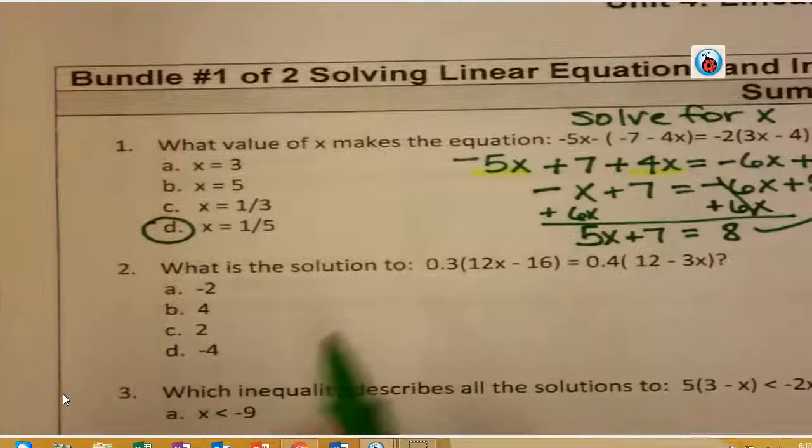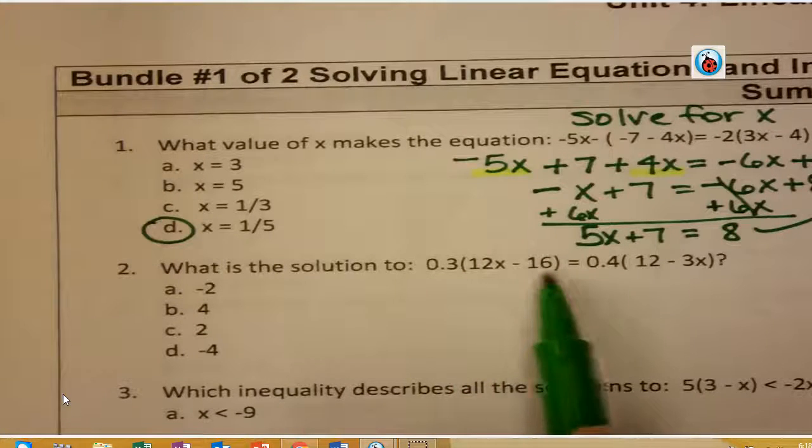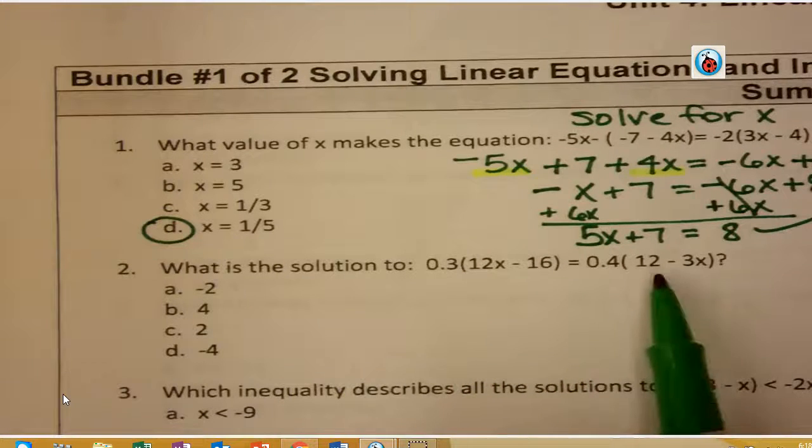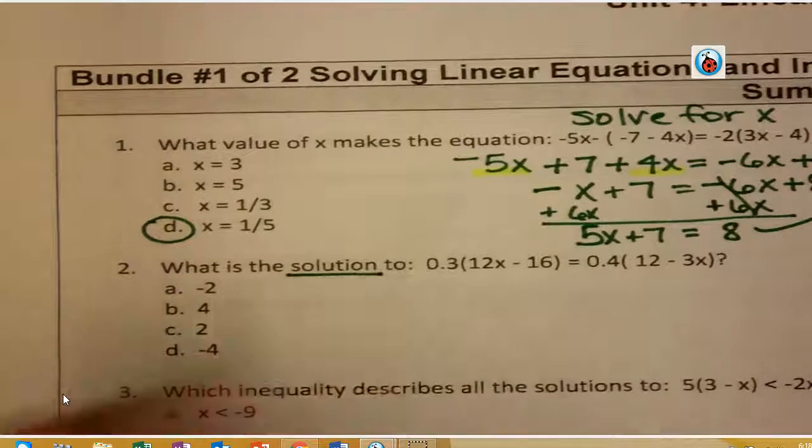Next question. What is the solution to 0.3 times 12x minus 16 equals 0.4 times 12 minus 3x? Again, all it's asking is solve for x.